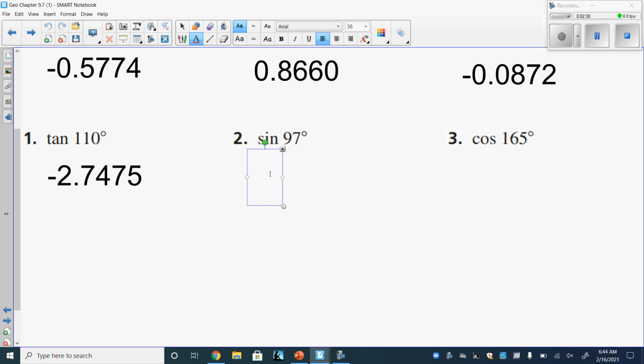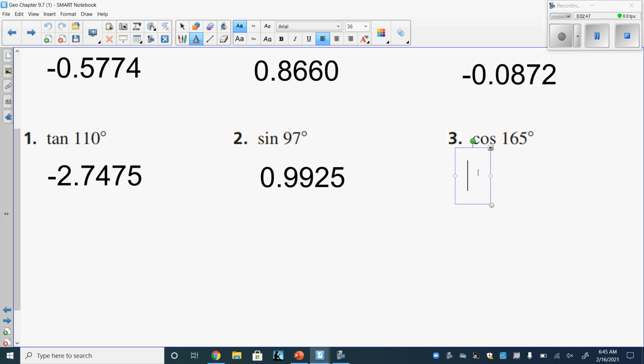And since we started, we'll go on and finish these out. Sine of 97 degrees is 0.99254, so it'll just stay 0.9925. And cosine of 165.